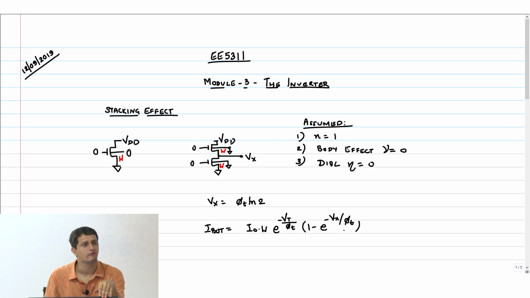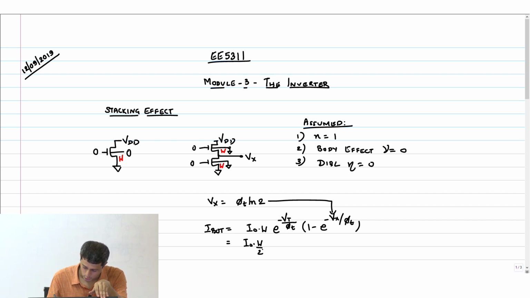And if you substitute Vx equal to phi t ln 2 into this equation here, what do you get? You get this to be I naught into W by 2 into e power minus Vt by phi t. This is what we got.